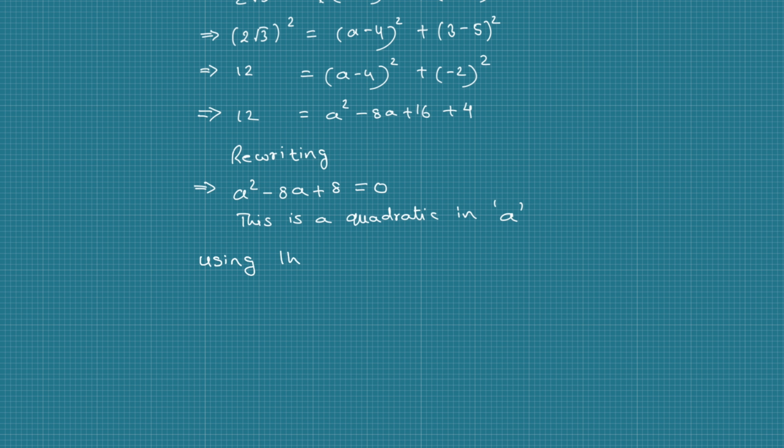Using the quadratic formula, we can find the values of the variable a.